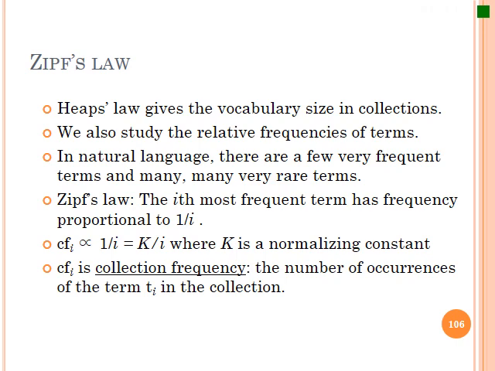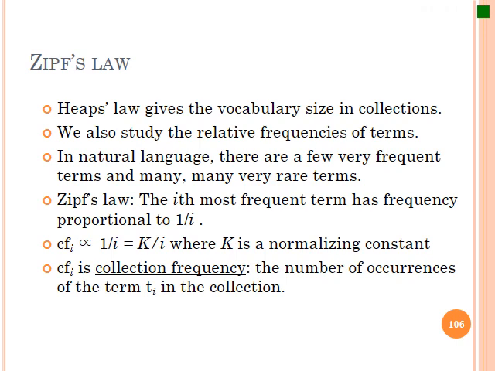There's another law which governs this relationship, and this is called Zipf's law. Zipf's law tells you that the i-th most frequent term has frequency proportional to the reciprocal of i, the inverse of i, 1 over i.